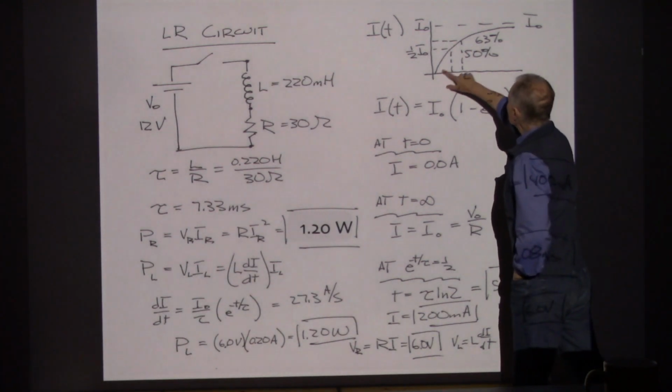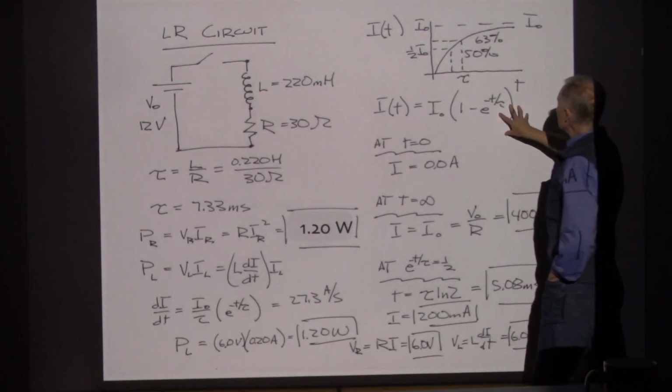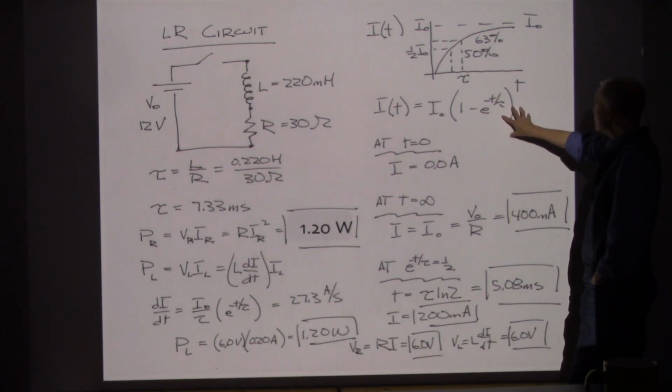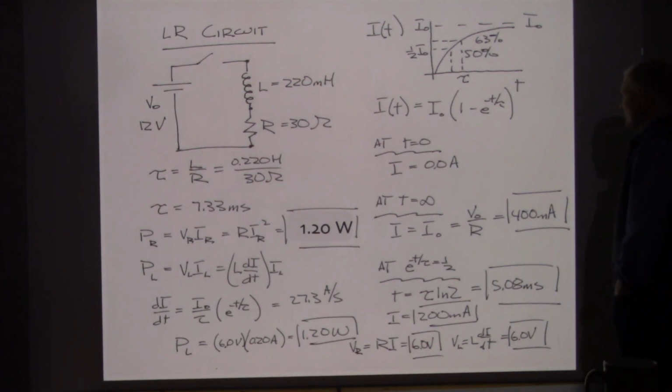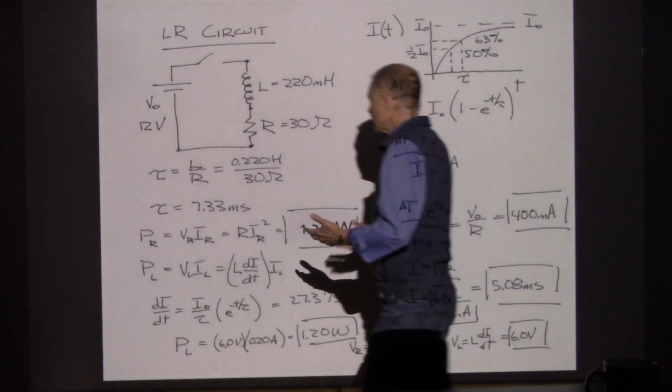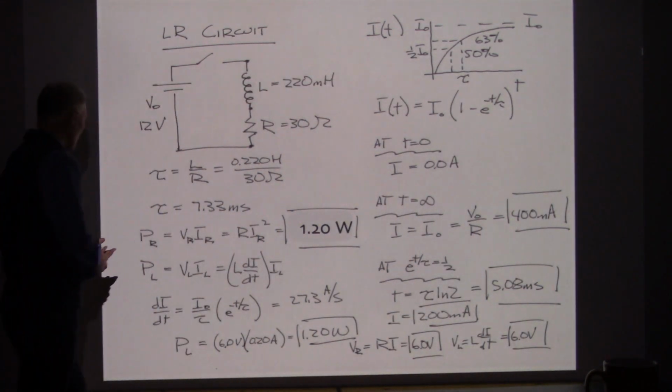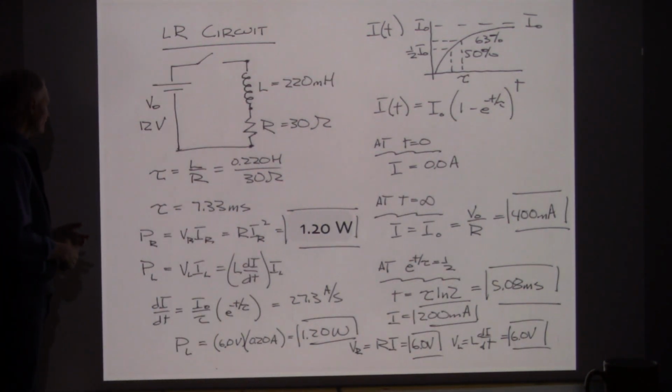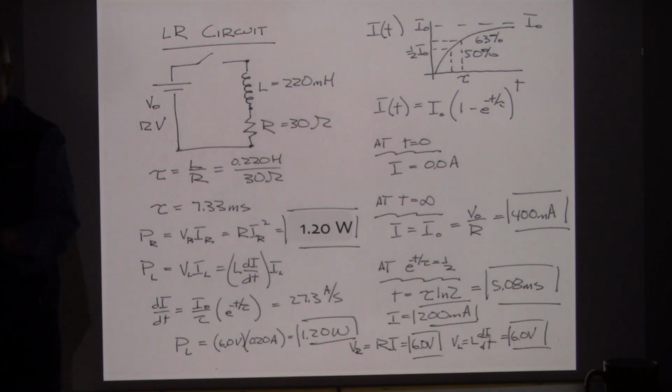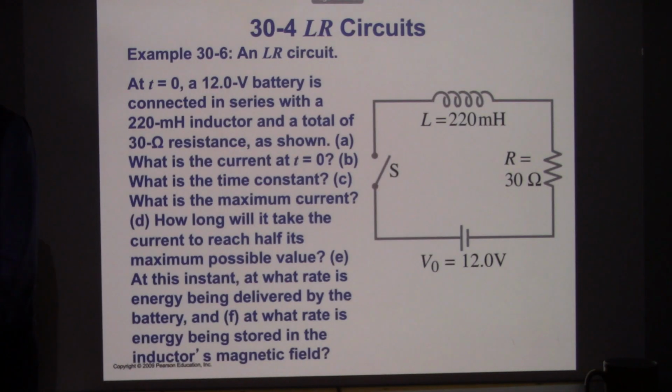And it's going to reach it by this 1 minus e to the minus t over tau function. That's what the graph looks like still. And then what this is asking about is what's the power at a particular instant. So let me go back and reread the problem a little more carefully.